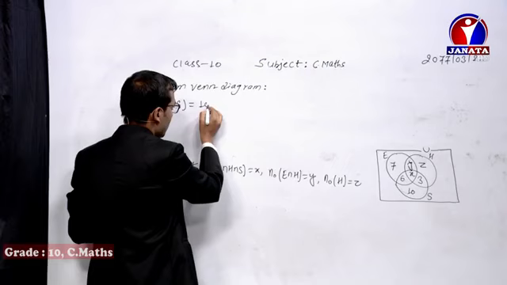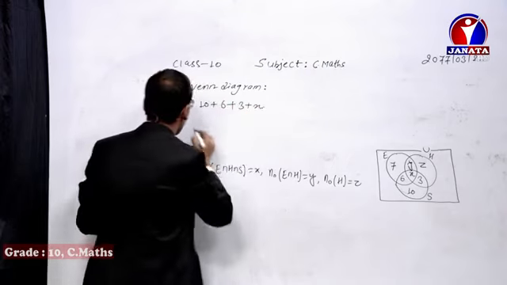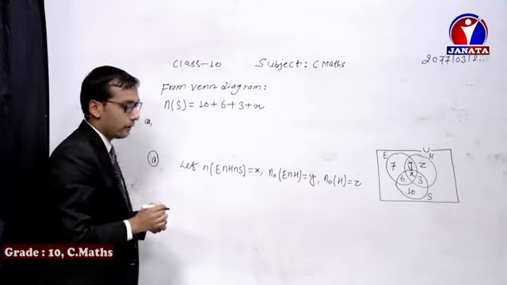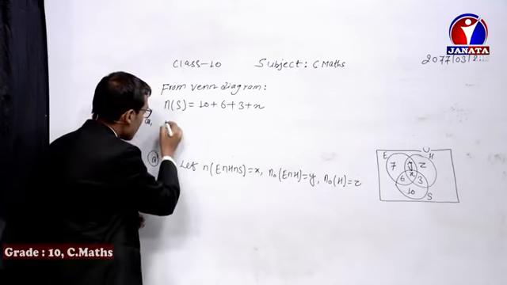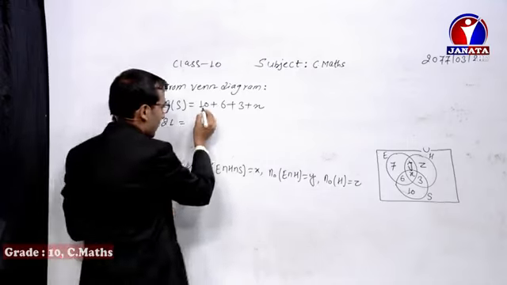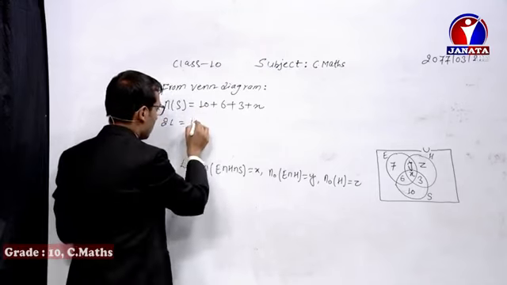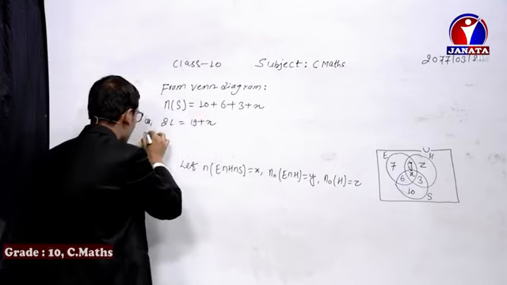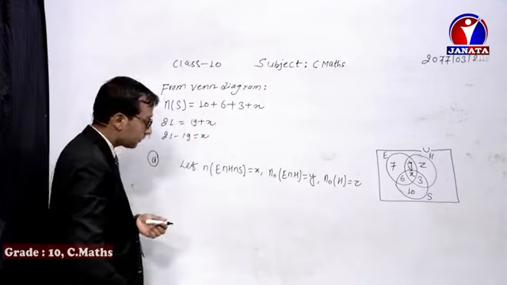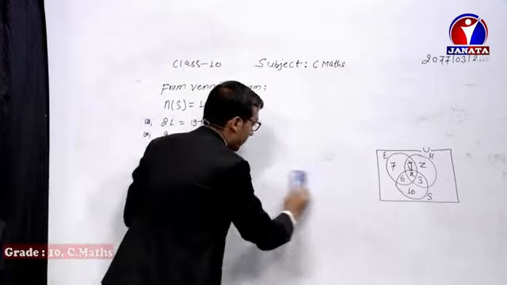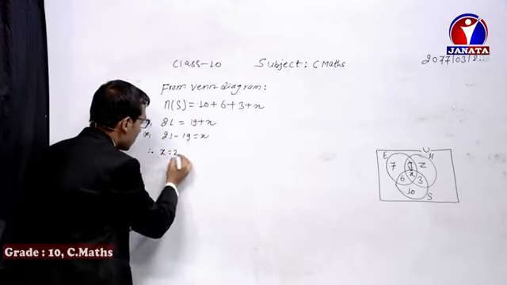This is 10 plus 6 plus 3 plus x, and we know the value of n of S. What is n of S? It is 21. Let's add these three numbers. 10 plus 6 plus 3 is 19, plus x, so 21 minus 19 is x. So therefore x is 2.